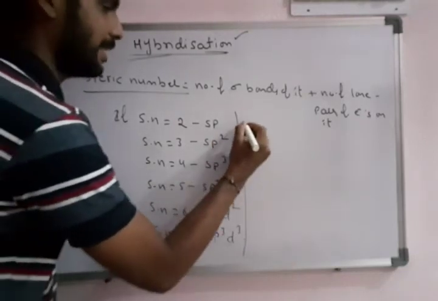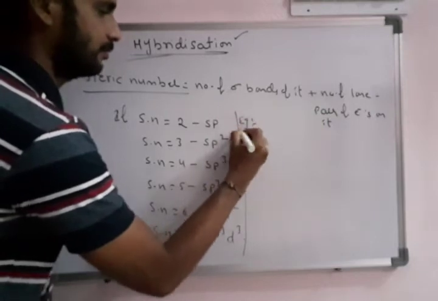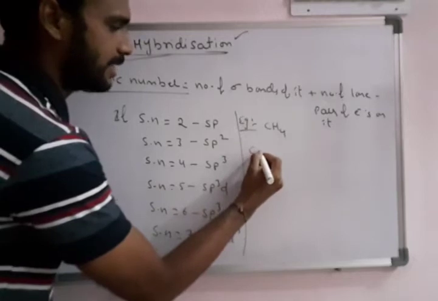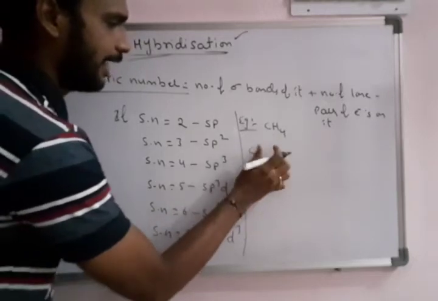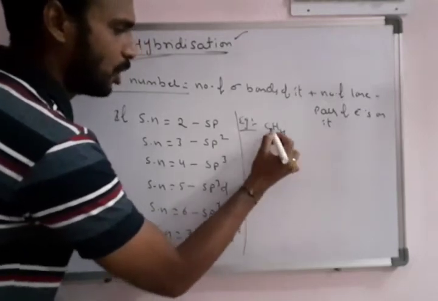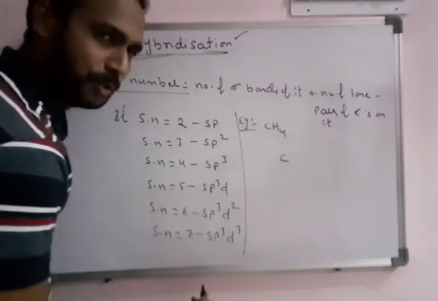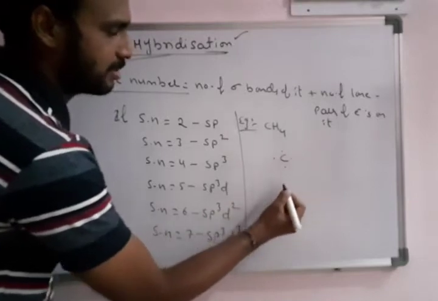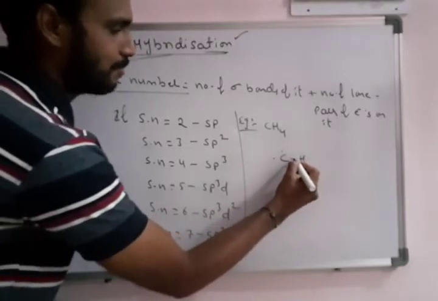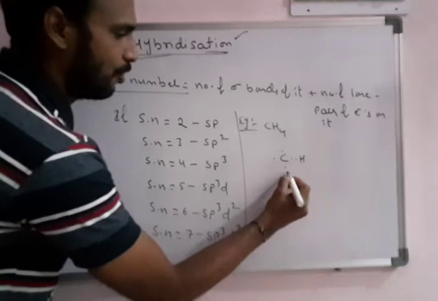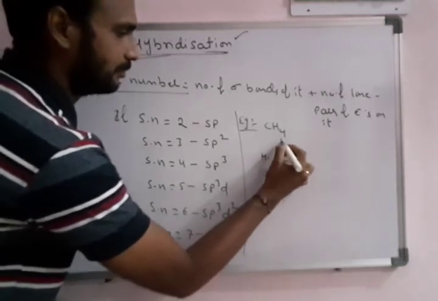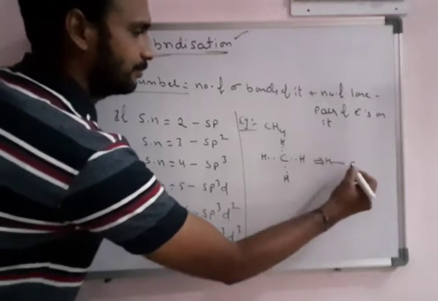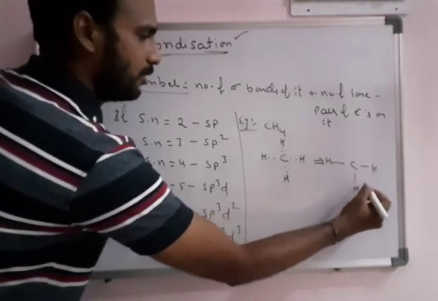Now I am taking a simple example: methane. What is the central atom in methane? Carbon is the central atom. Carbon belongs to the 14th group, the 4th A group. It has 4 valence electrons and it bonds with 4 hydrogens separately, so there are 4 sigma bonds around the carbon.